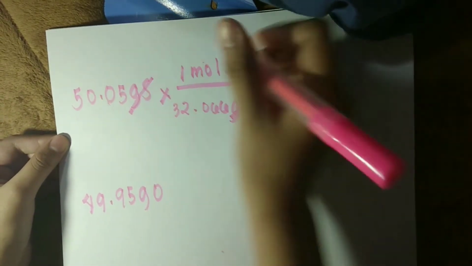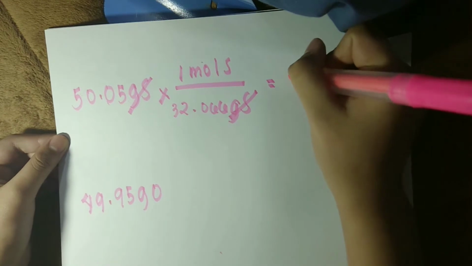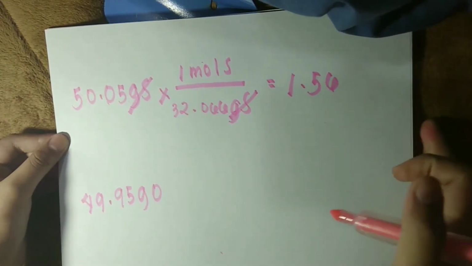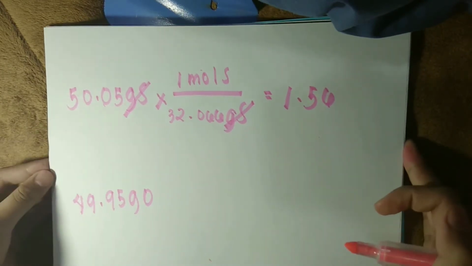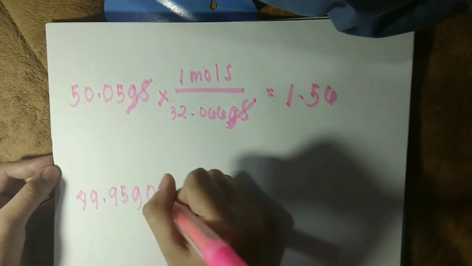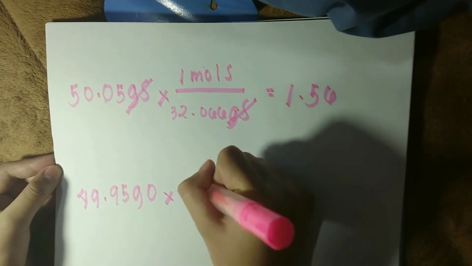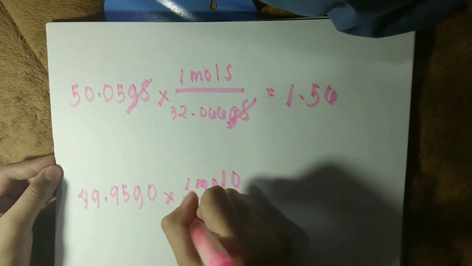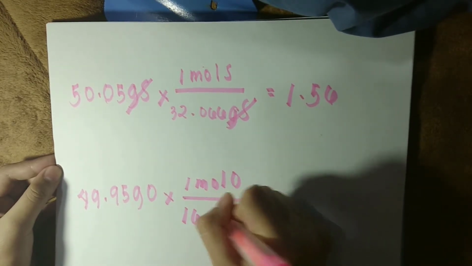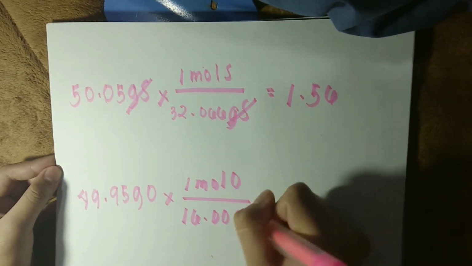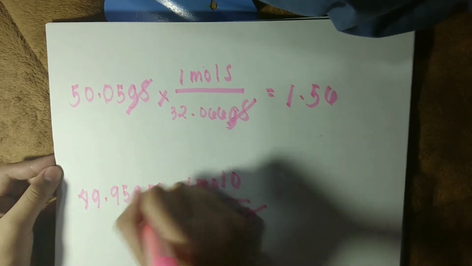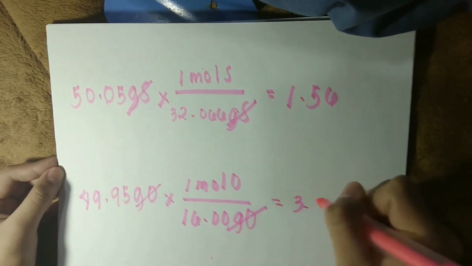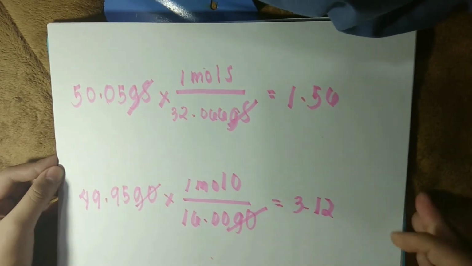Cancel out, is equals to 1.56. For oxygen, we have 1 mole oxygen divided by 16.00 grams. Cancel out, is equals to 3.12.